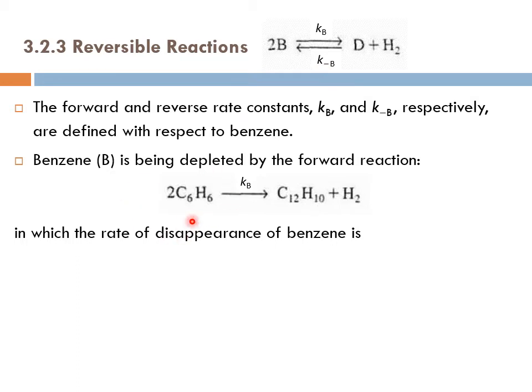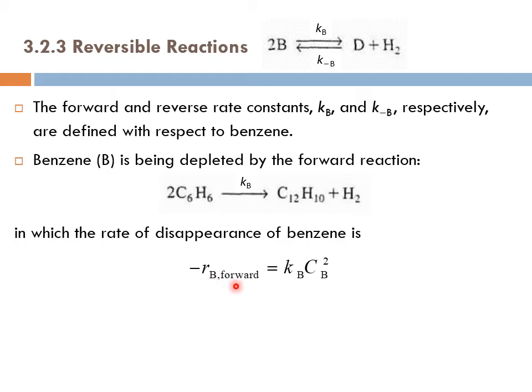So we can write this equation this way, in which the rate of disappearance of benzene is, obviously, minus r_B forward, because you have the rate of disappearance of benzene through the forward reaction.